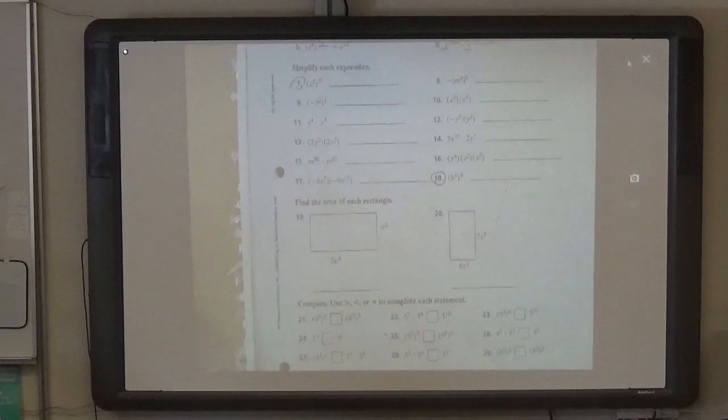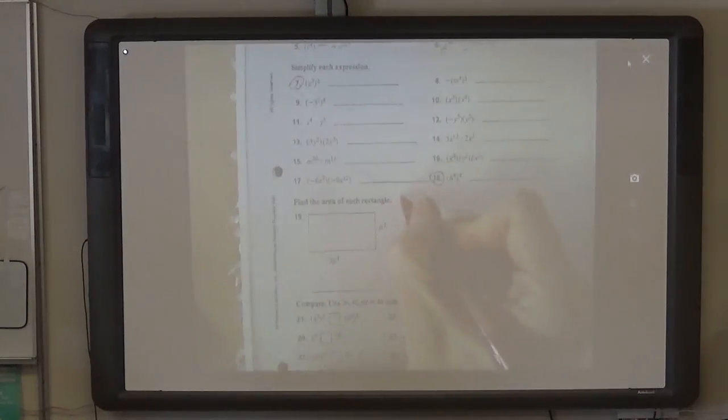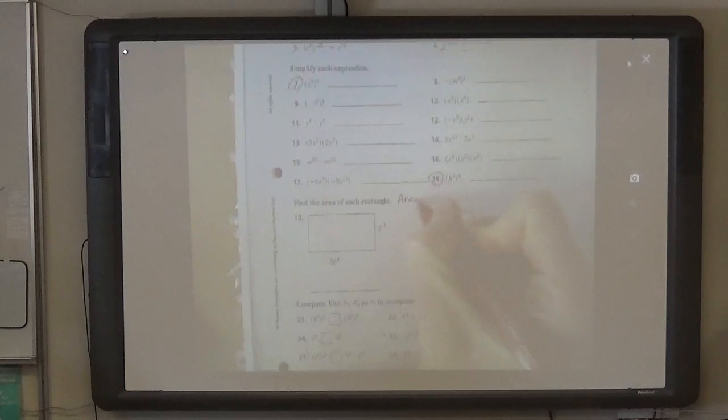How do you find the area of a rectangle? Area equals length times width. So you multiply these, and you have to label them in square units.